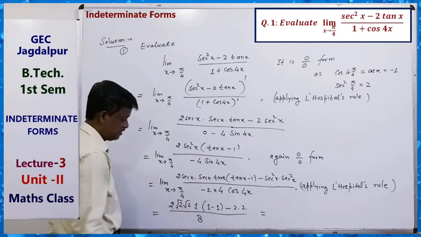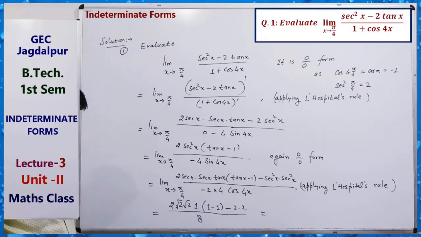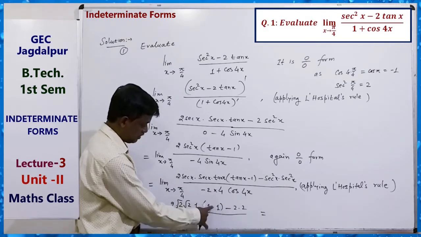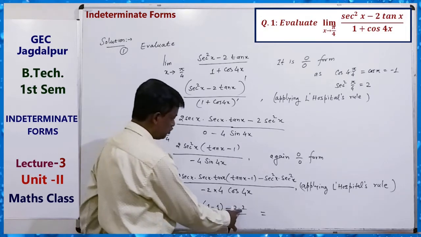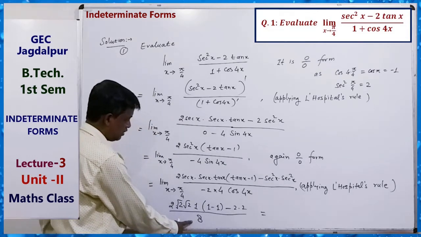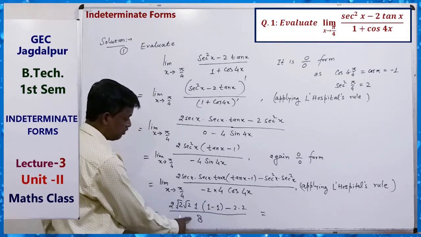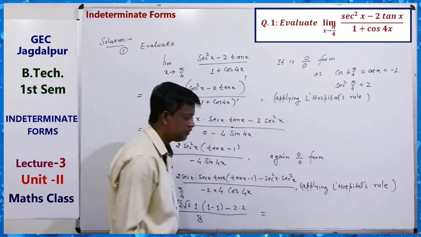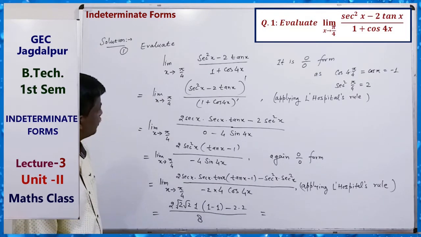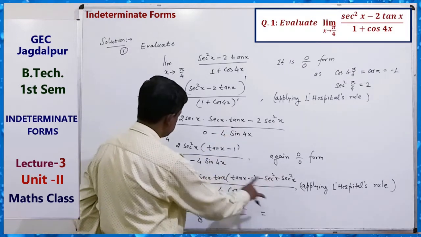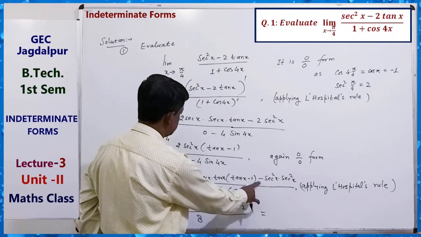By this, just we can use the limit now. What? This is 0. 1 minus 1, this is total 0. 2 into 2, 4, by 8, 1 by 2. So here the limit is 1 by 2, also because tan x minus 1, tan square sec square x, here minus sign is here.